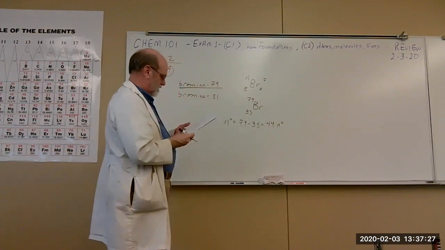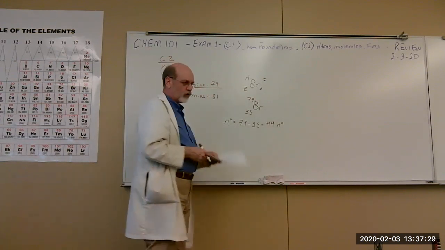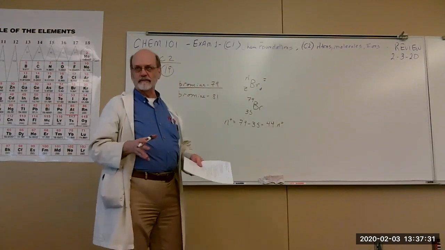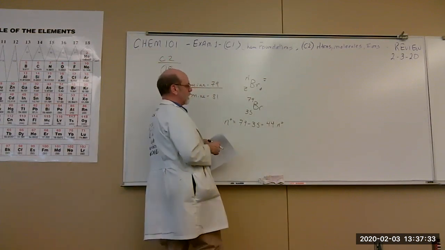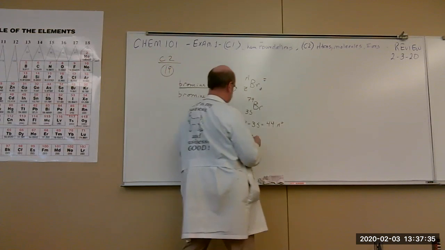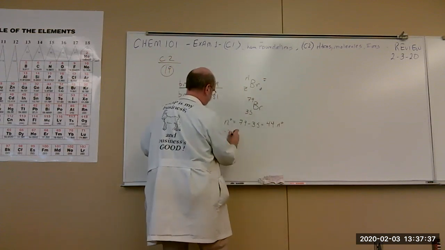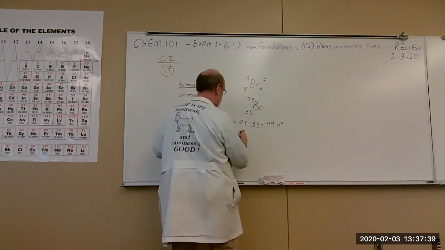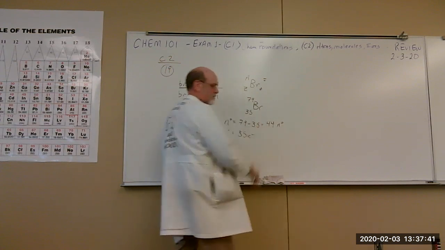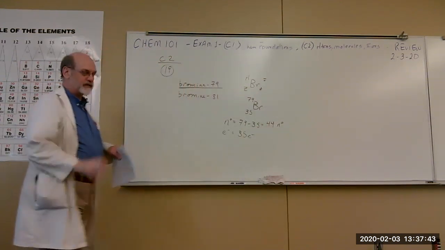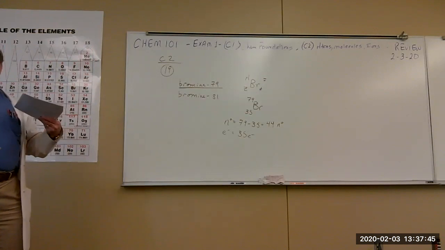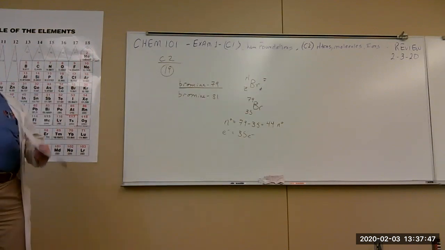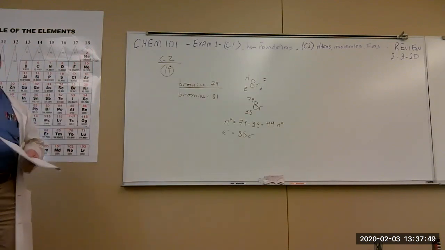And if you're not told it's an ion, assume it's neutral. Which means, how many electrons are there? 35. 35 electrons. Same number as protons because in a neutral atom, pluses have to balance minuses.